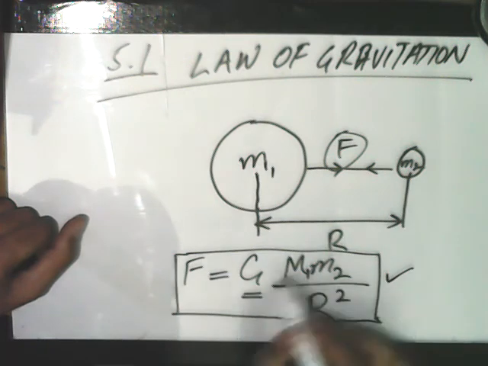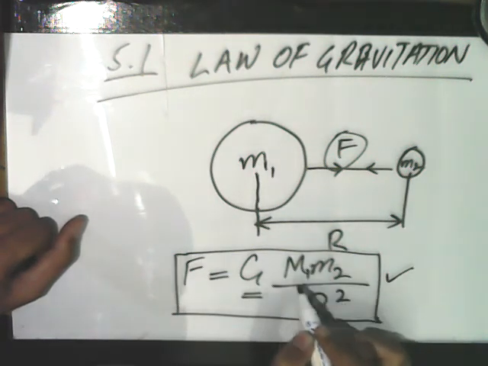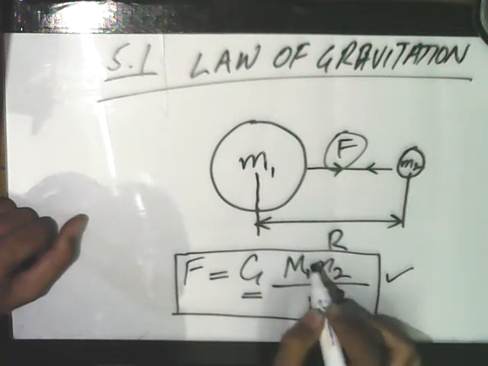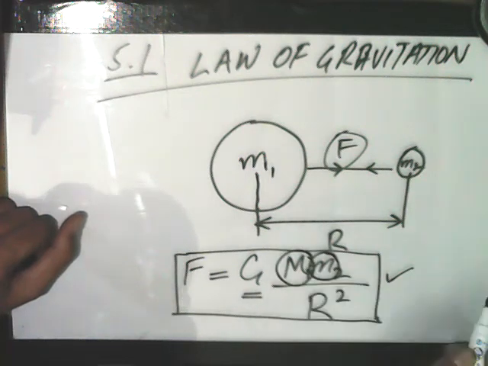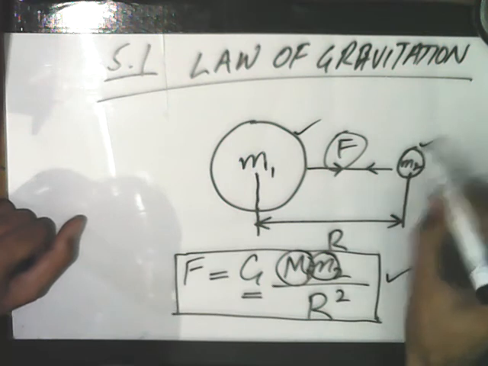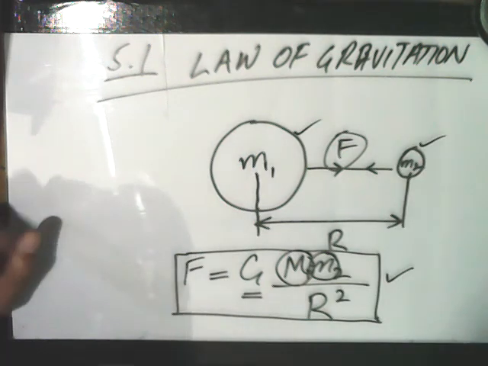Unfortunately, after doing some mathematical evaluation of this term, we would notice that these masses need to be very, very big, like planets or stars or moon or satellites.